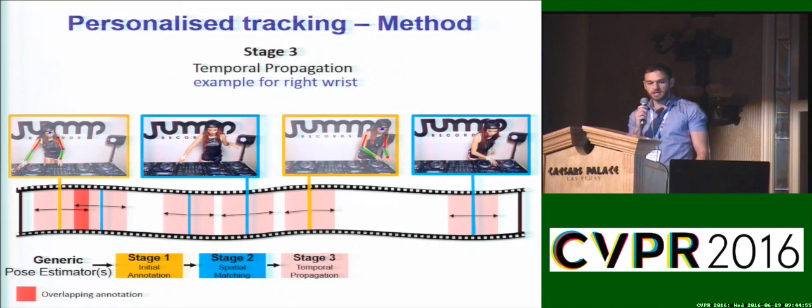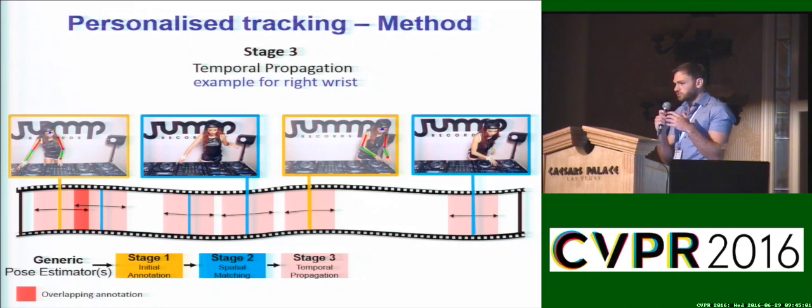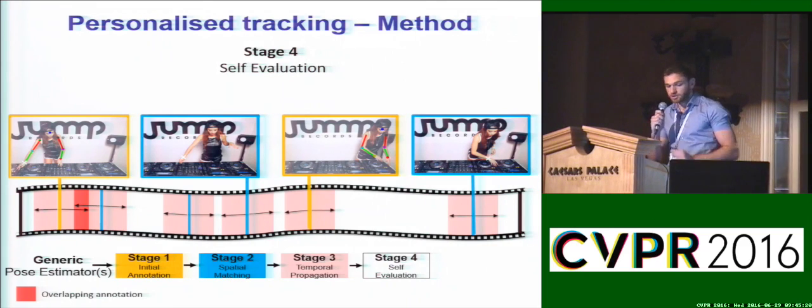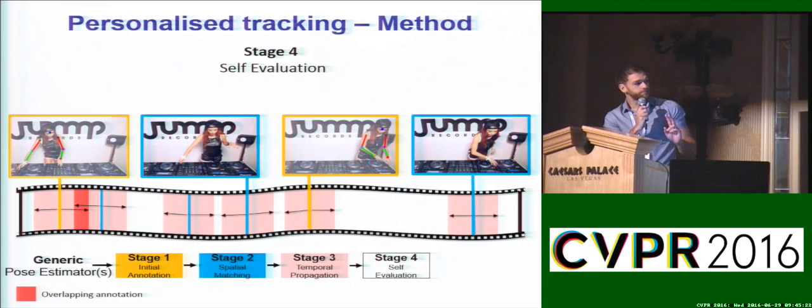In stage 3, called temporal propagation, we propagate the annotation temporally to temporally local frames in the video, and we do this by tracking with dense optical flow, both forward and backward in time. At stage 4, we self-evaluate the annotation and remove it if the annotation is incorrect. There are two measures of evaluation that we use here.